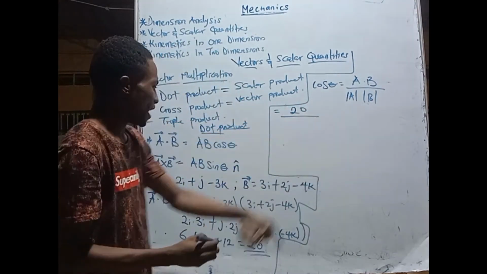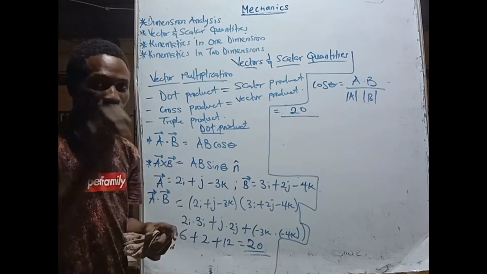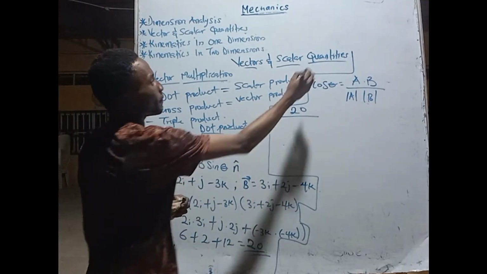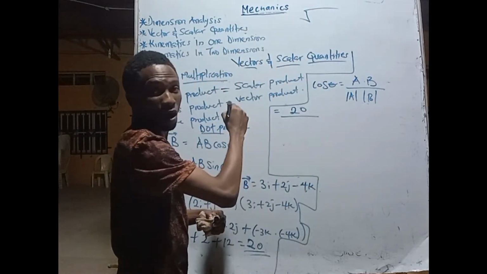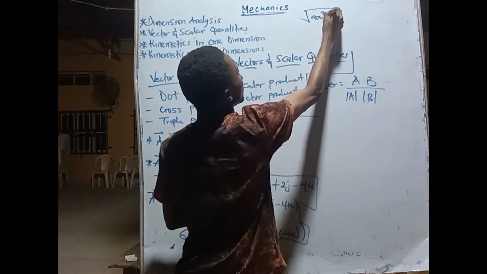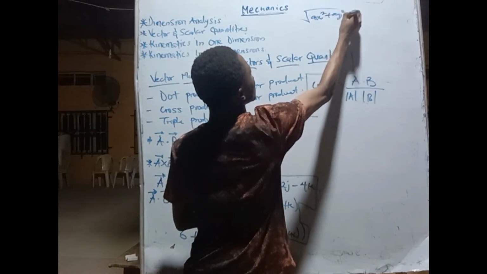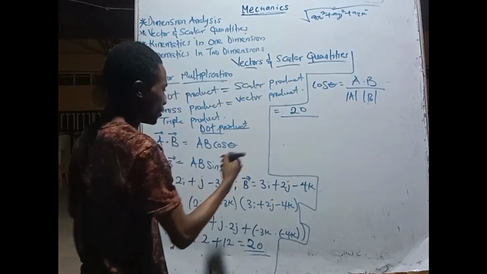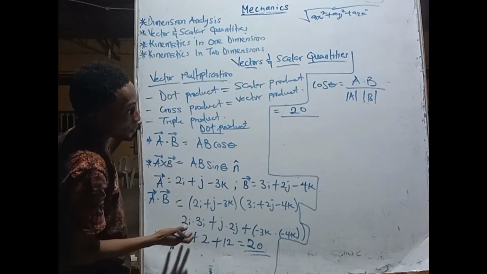Now, magnitude of A, recall from the previous example, is the square root of ax squared plus ay squared plus az squared. Recall from the other time. So now we can also apply it here.